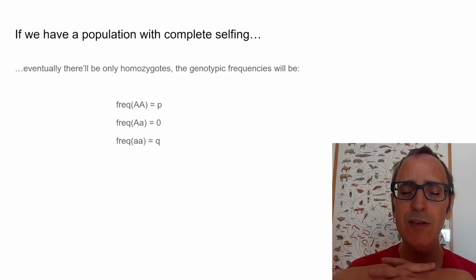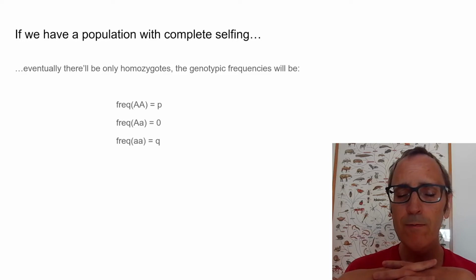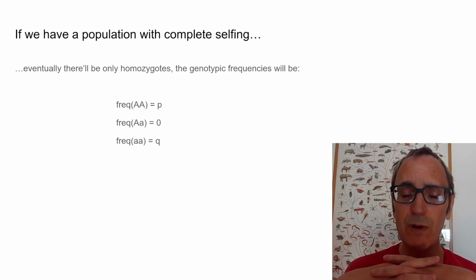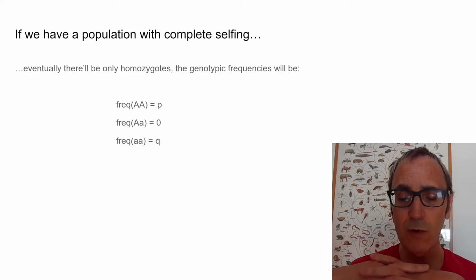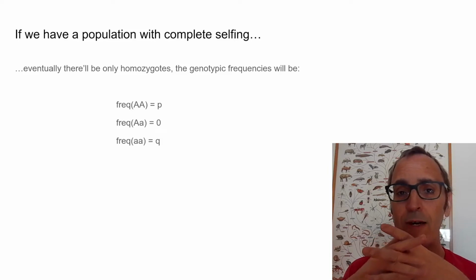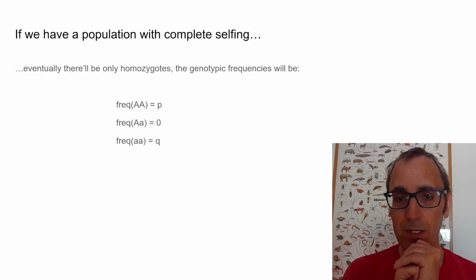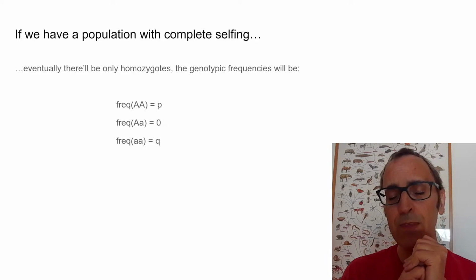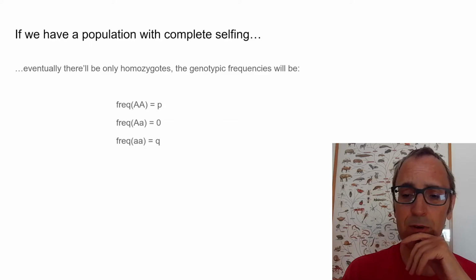It's not just useful to estimate genotypic frequencies from allelic frequencies when you assume Hardy-Weinberg. It is even more useful when you have genotypic frequencies and you compare your real genotypic frequencies with your expected genotypic frequencies.